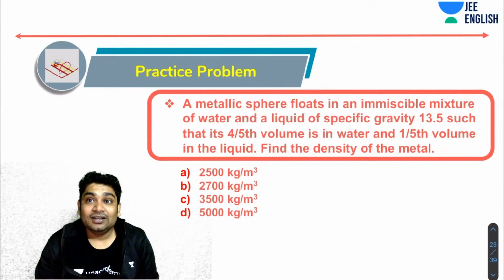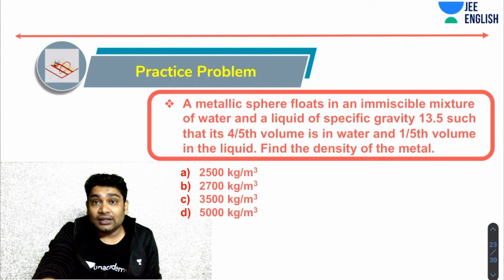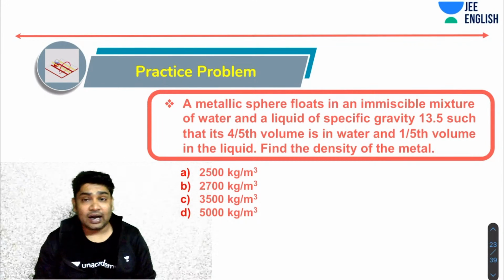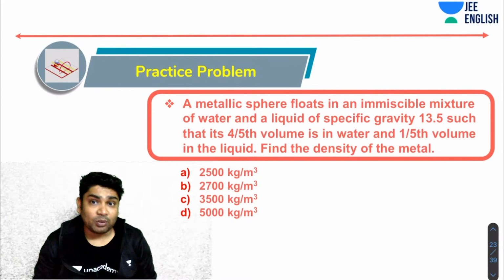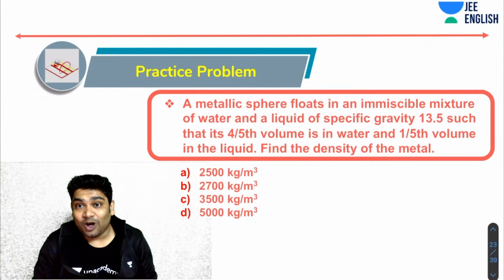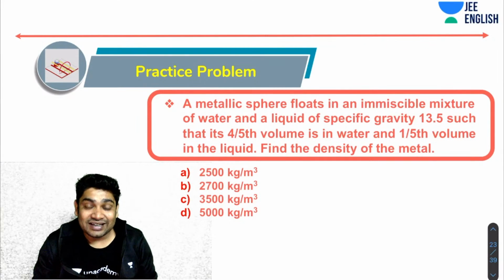Now, next we will talk about another application of Archimedes principle. Again, most of our discussion for today is going to be focused on problems, and with the help of these problems, we will try to learn how we can use Archimedes principle.